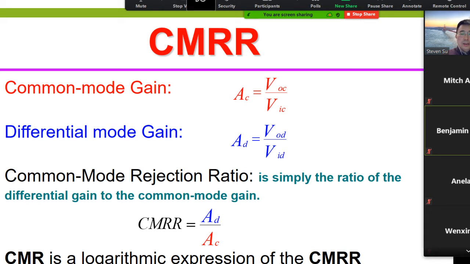CMR, common mode rejection, is not expressed as a ratio. They use 20 log10, which is called dB. You already heard we use dB, right?